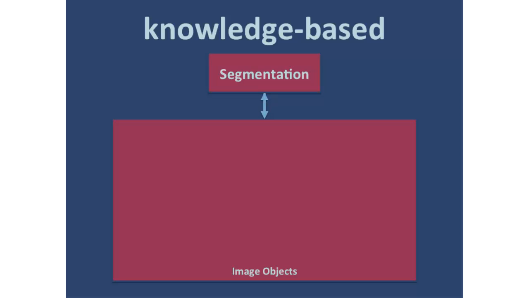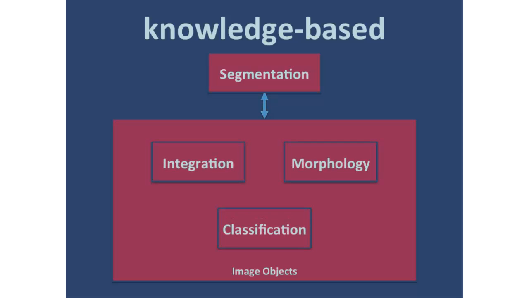Once we have those image objects, we've got information from integrating data. So we can create the objects and then pull in information from the surface models or the vector data. We can use those spectral properties. We could use the color to assign them to a class. And then we can do some other functions.